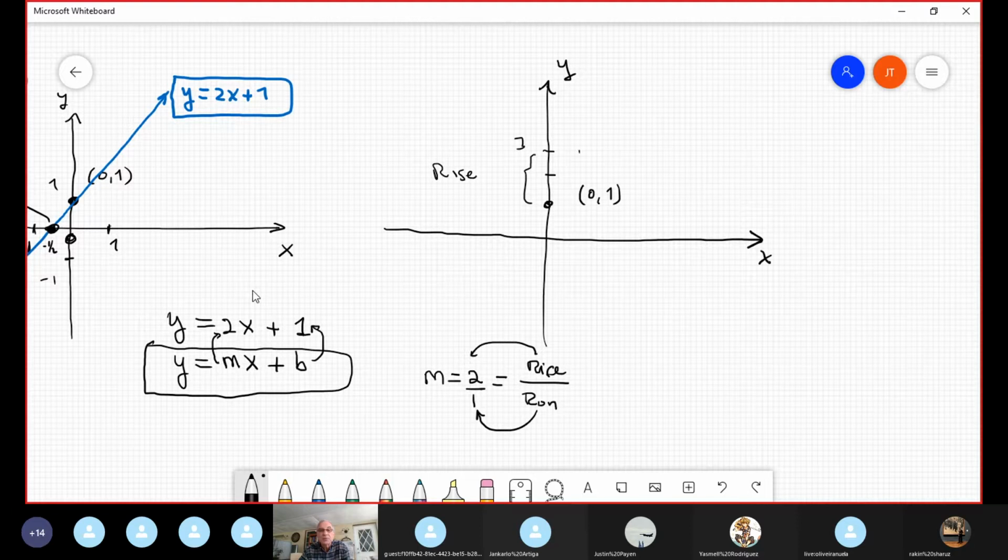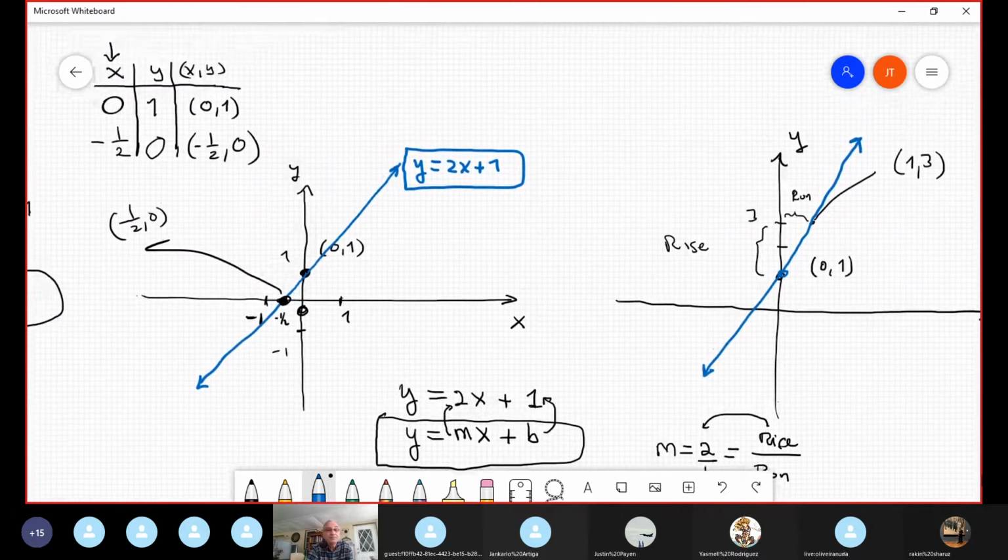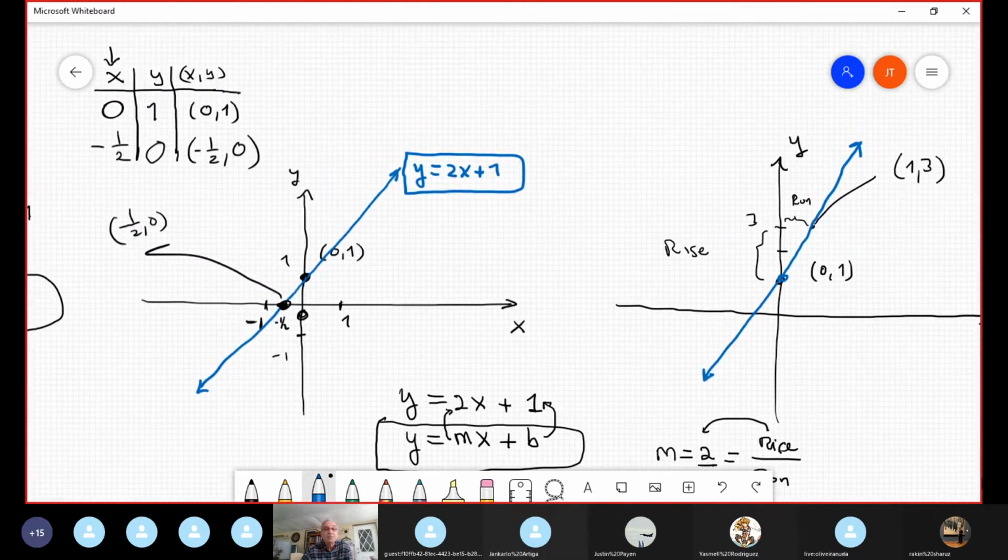This is run. Okay, this point is the point 1,3. And now you connect this point and this point, and we get exactly the same answer. Either way works, but they want specifically in this question number 3, using a table. Well, using a table is that way. This is the table.